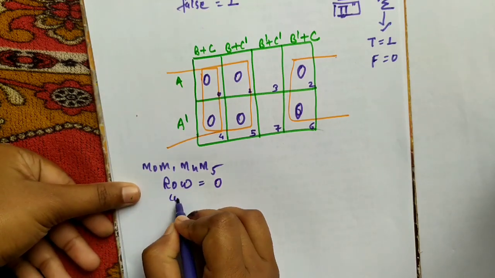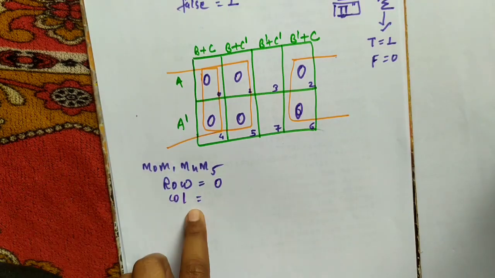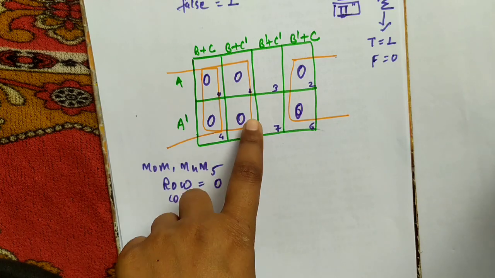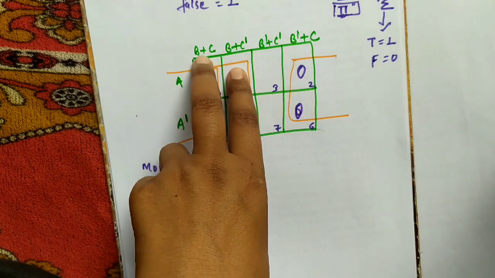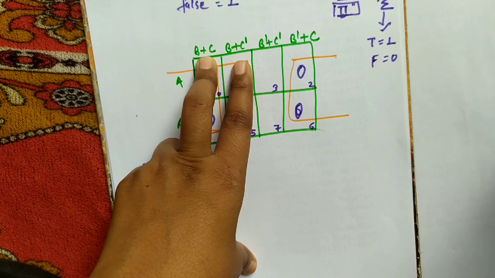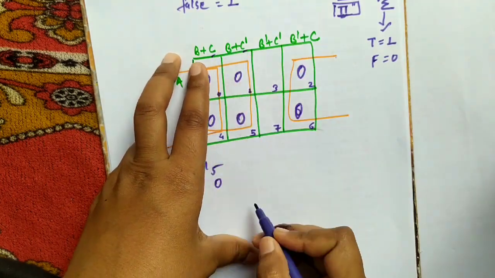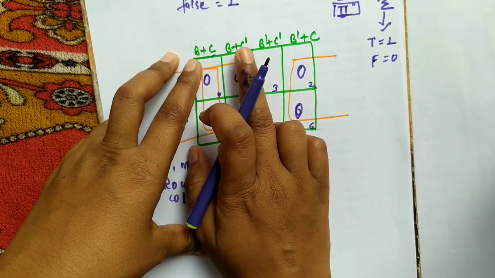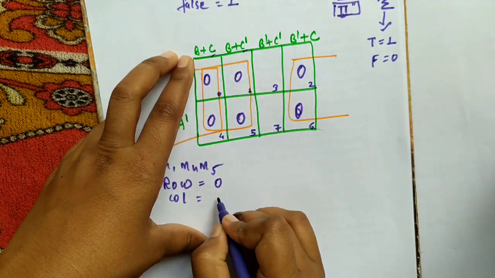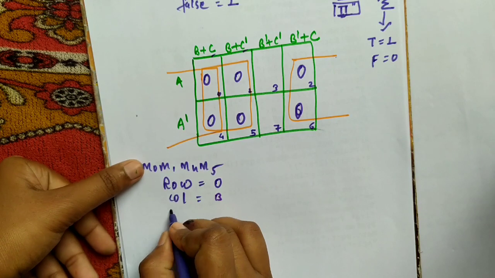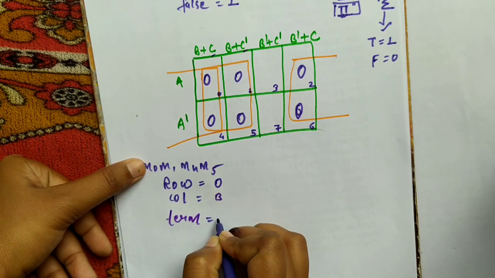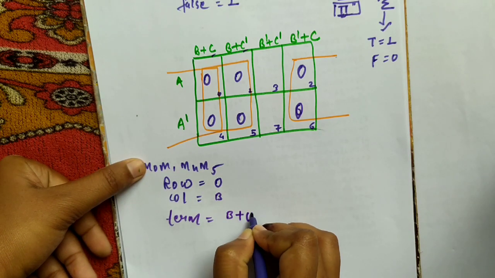Next, for the columns there is B plus C and B plus C dash. Here C dash differs, but B is common, so we write B. So the term is B plus 0.